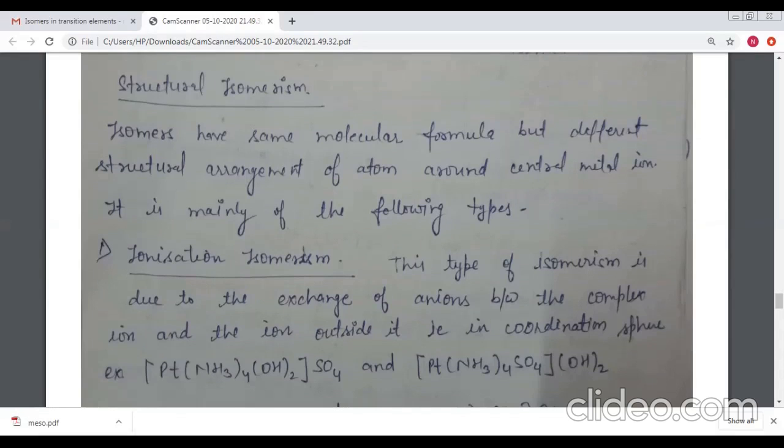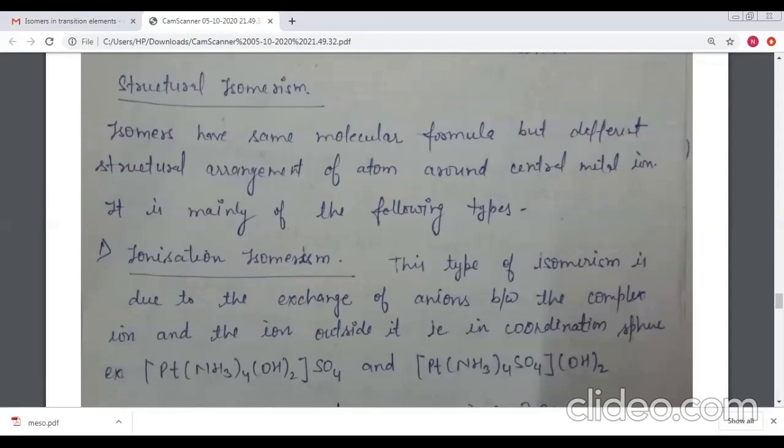The first type is called ionization isomerism. This type of isomerism is due to the exchange of anions between the complex ion and the ion outside it. Or we can say it occurs due to the exchange of groups between the complex ion and the ions outside. These are called ionization isomers.